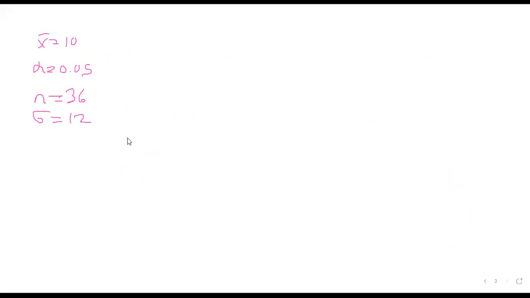The formula for confidence interval is equal to what? X bar plus or minus Z standard deviation over square root of n. So our X bar here is what? 10.